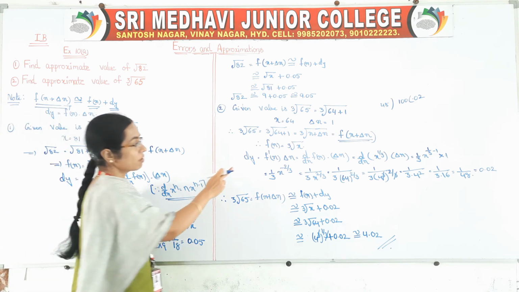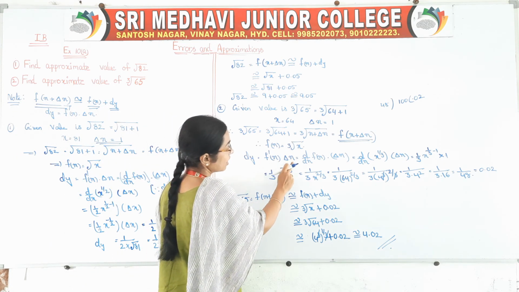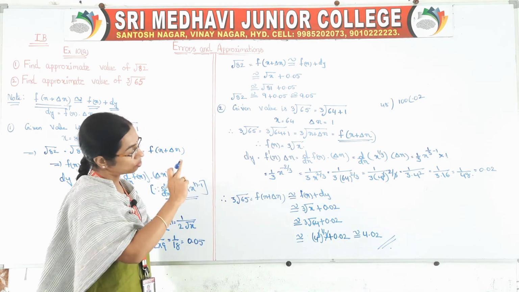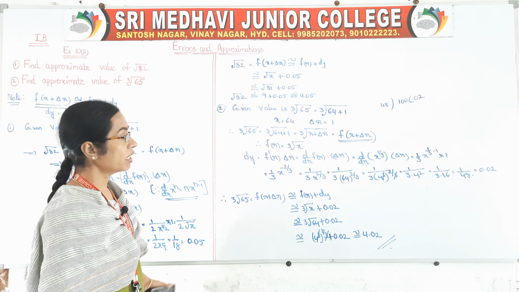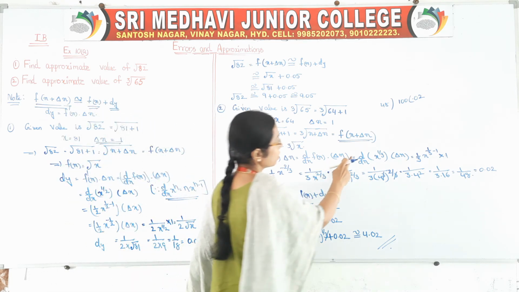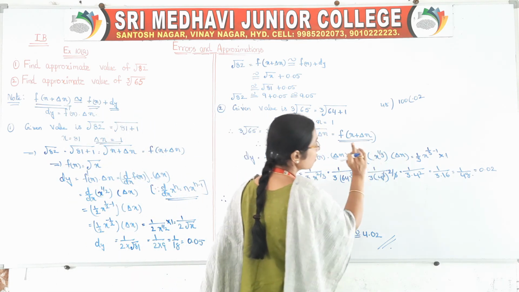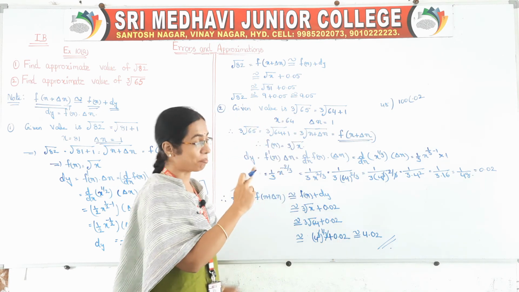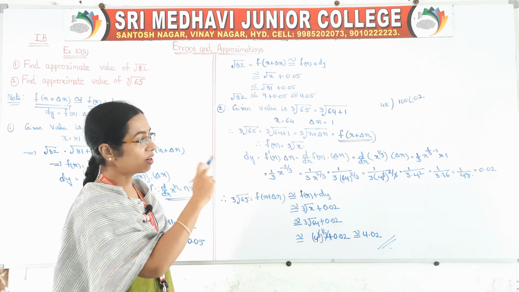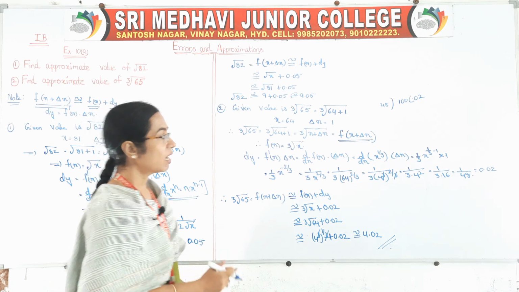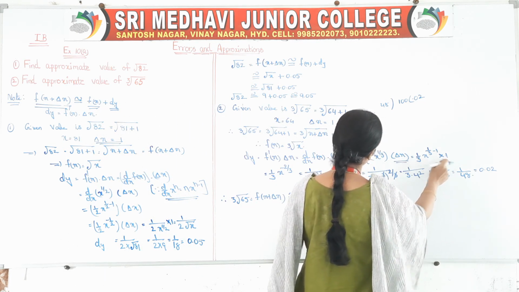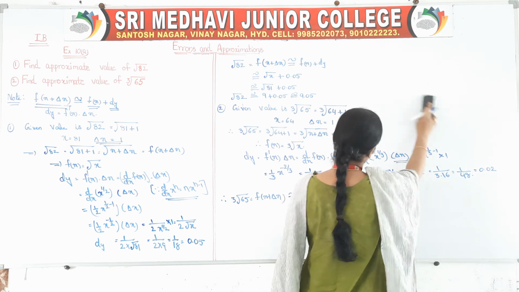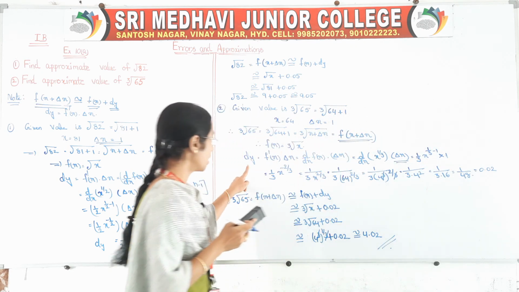Already we know that the dy formula is f dash x into delta x, so d by dx of f of x into delta x. So substitute, you will get d by dx of x to the power of 1 by 3. In the x to the power of n form, be careful, we have to take n into x to the power of n minus 1, and this delta x value is 1, that's why we have taken into 1. So simplify, you got your dy.